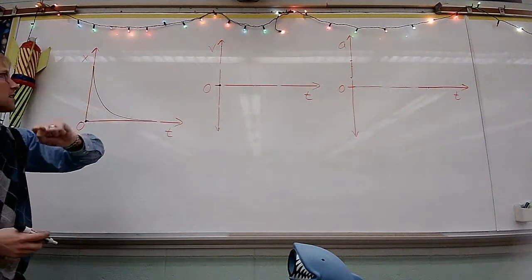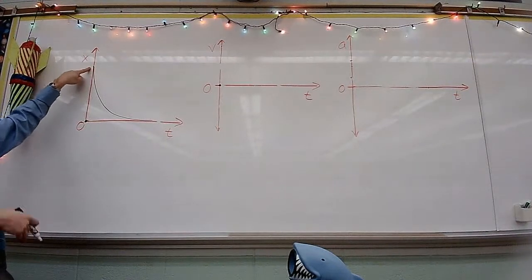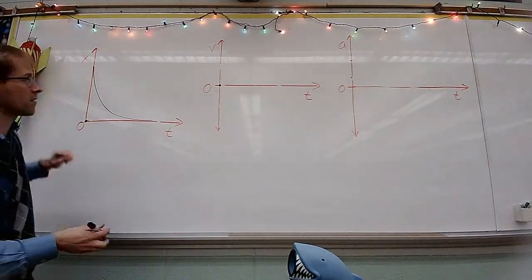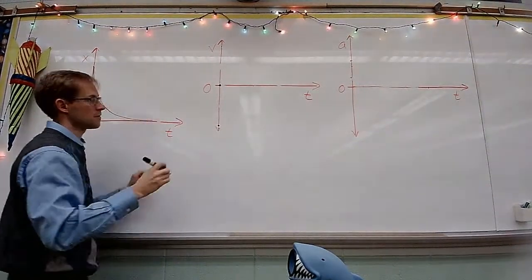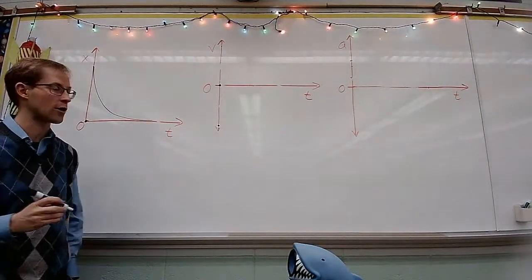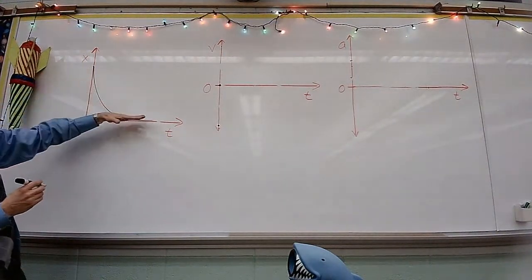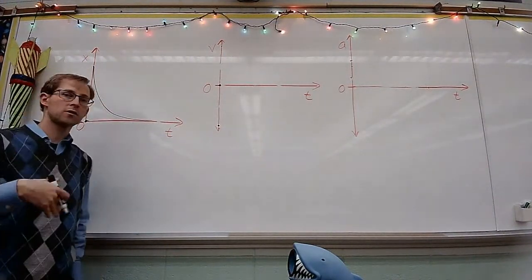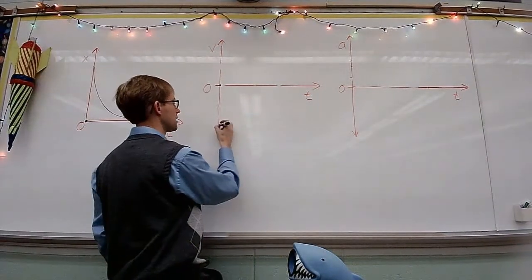For the velocity time graph, we begin with a big negative slope over here, which means we started with a big negative velocity. Therefore, we're going to start way down here in big negative velocity territory. As time goes on, you can see our slope decreases, ultimately reaching 0, which means our velocity will decrease, ultimately reaching 0.